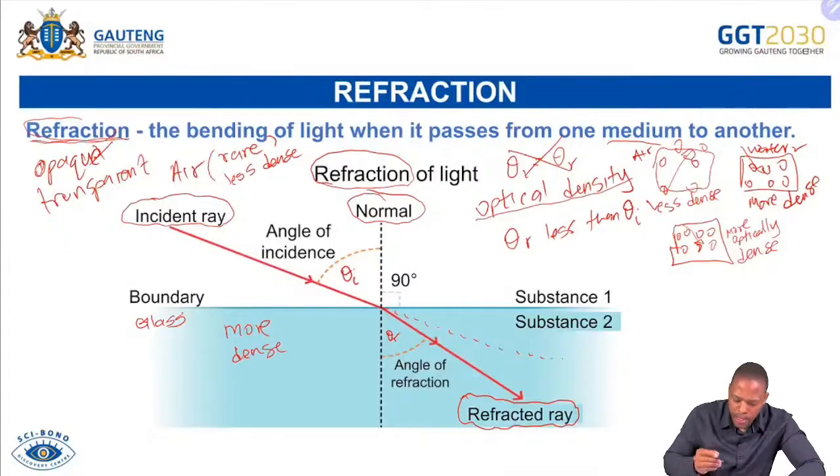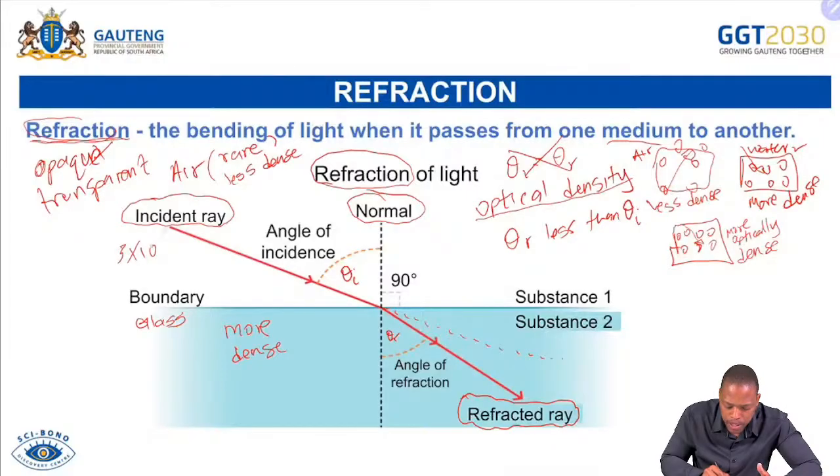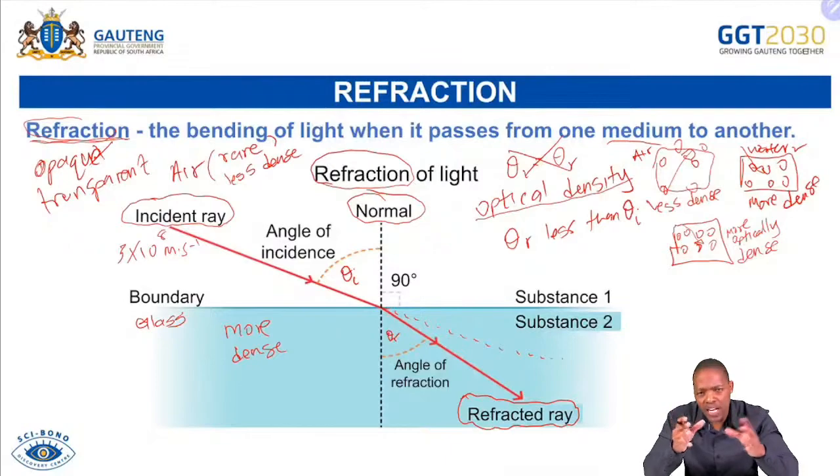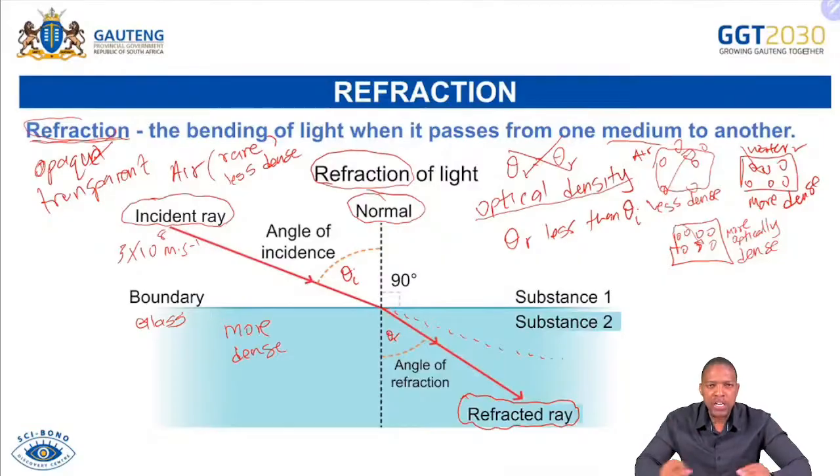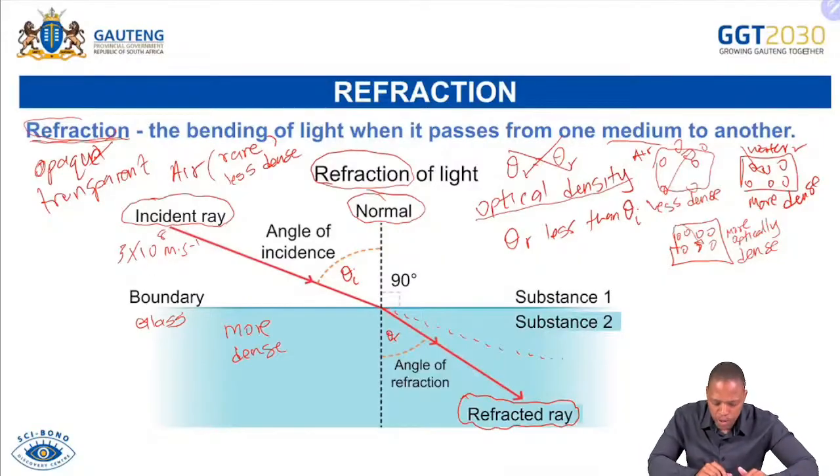You would remember from last year that light in a vacuum travels at a speed of 3 times 10 to the power 8 meters per second. It travels at almost the same speed in air, so for simplicity, let's assume it travels at that speed in air also.